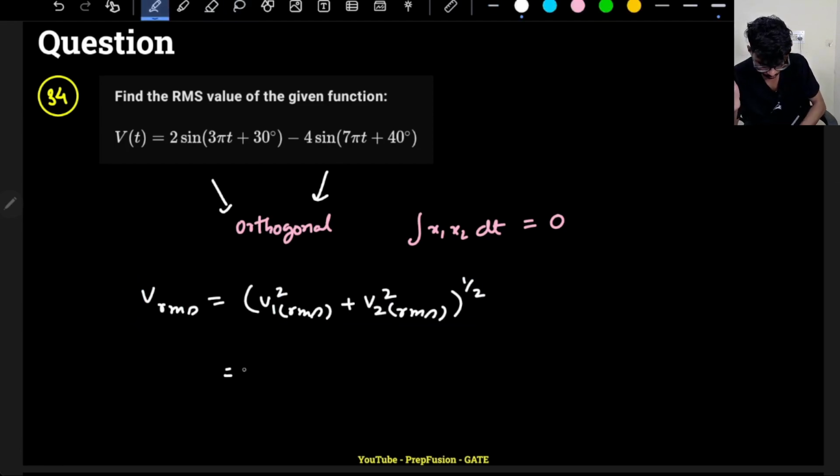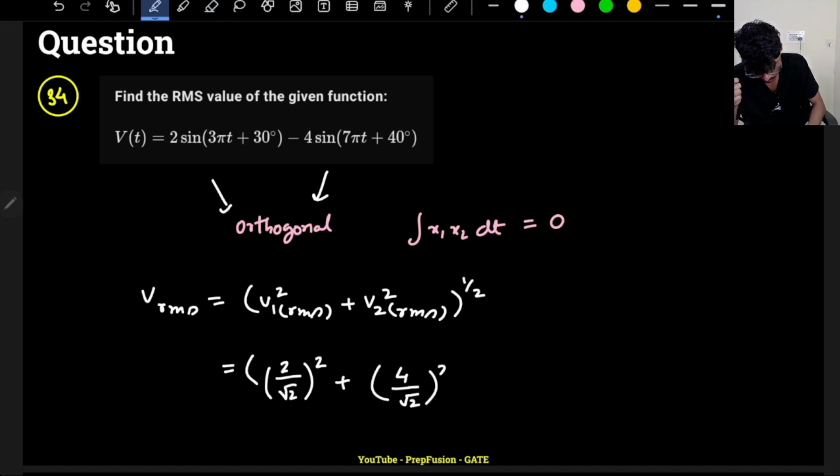Now of course, what is V1 RMS? It is 2 by root 2, right? Amplitude by root 2 RMS, whole square, plus 4 by root 2 whole square, whole under root. So this will be 2 plus 8, whole under root.